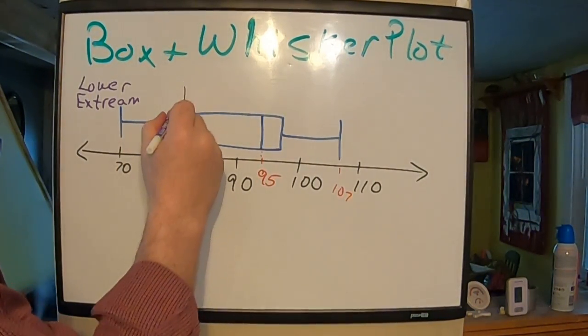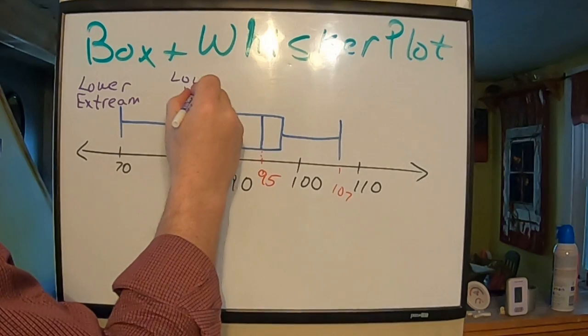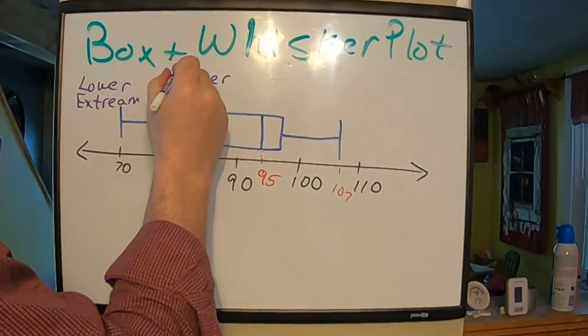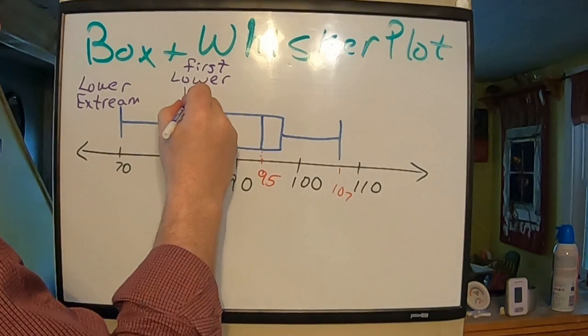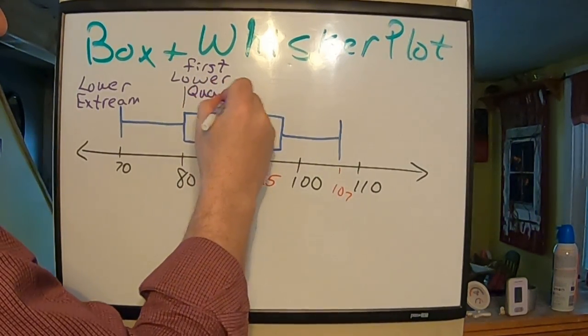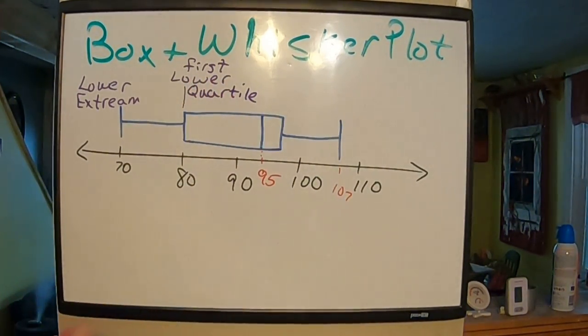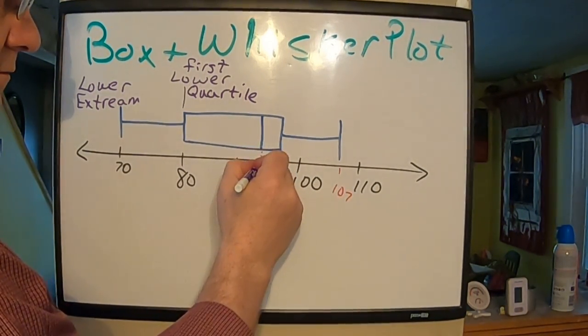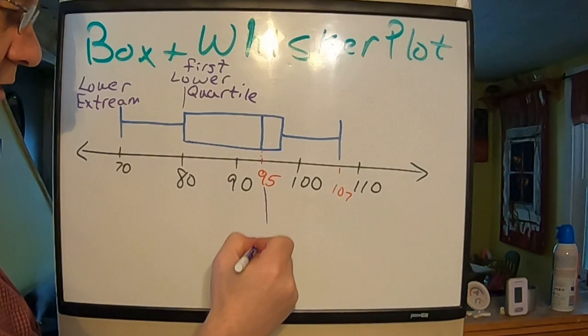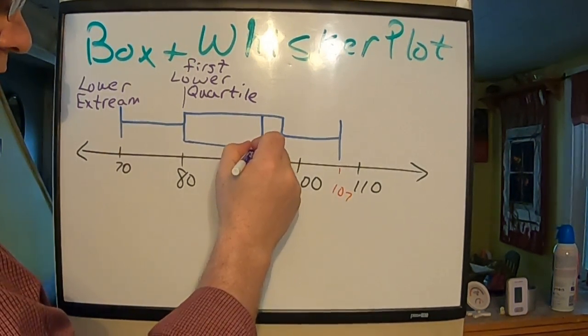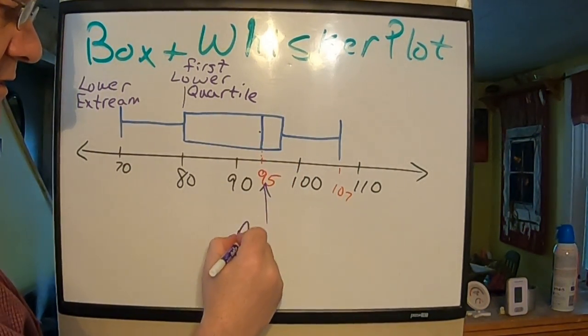This is the lower or first quartile. This one, I'm going to have to bring it down below so I have a place to draw it. But this one here is the median.